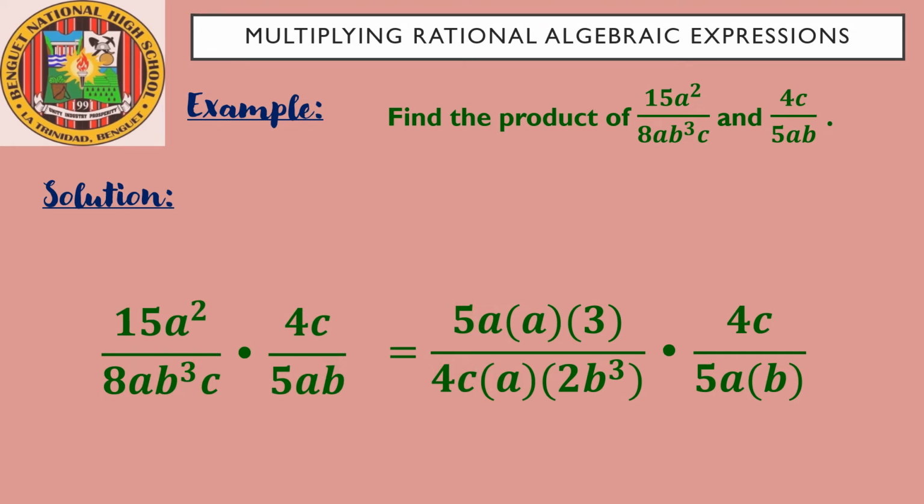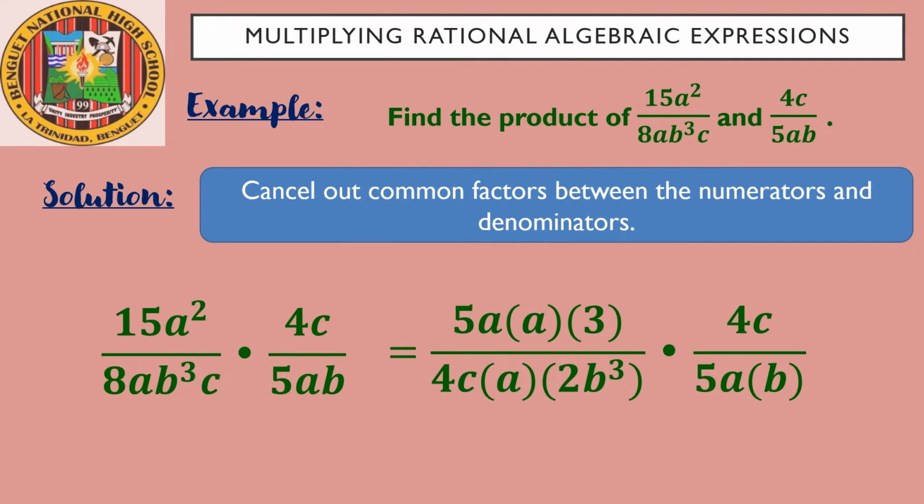After factoring out the expressions, we now cancel out the common factors between the numerators and denominators. Remember the process we followed when we canceled out common factors. We begin by canceling out the common factor between the numerator of the first RAE and the denominator of the second RAE, which is 5a.